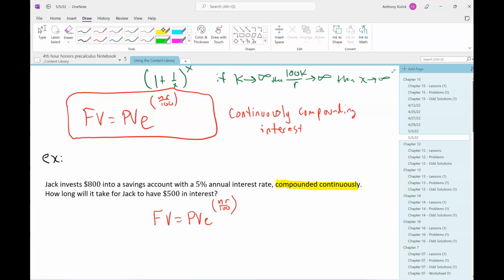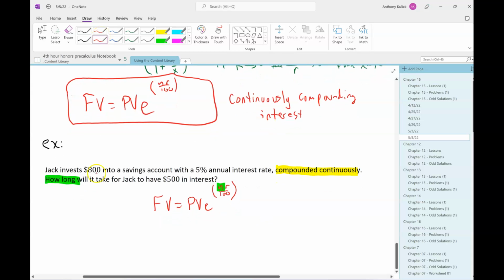What are we solving for? Because it says how long, we're looking for n. Great, so let's start filling things in. Where does the 800 go? That's my PV. And where does the 5 go? R. Is there a pirate in the room?